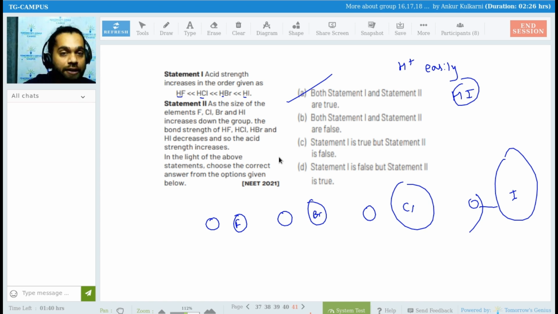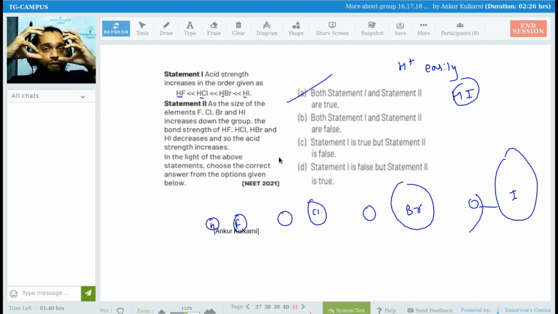As you go down the group, the size of the element increases. So this is your H. Hydrogen and fluorine size is almost the same, so it can hold it better. It will not go so easily.